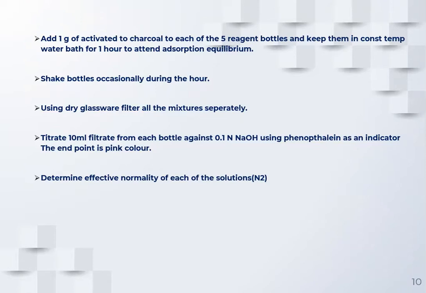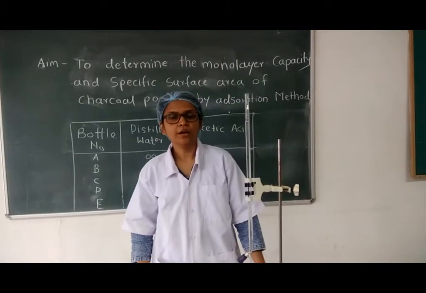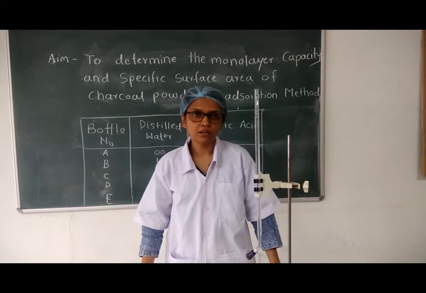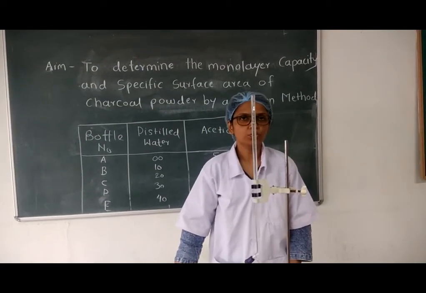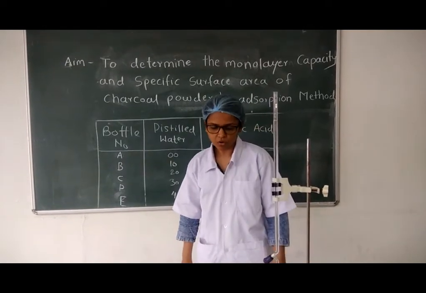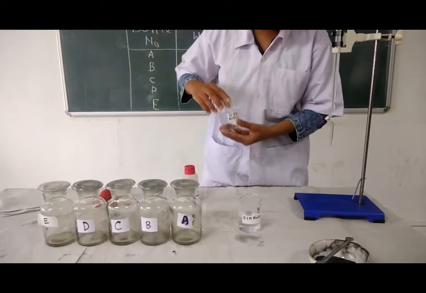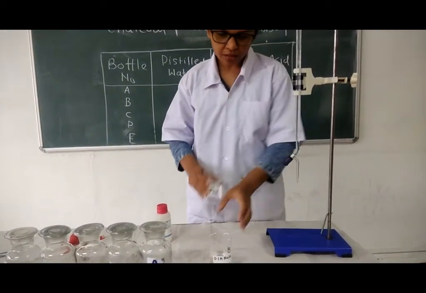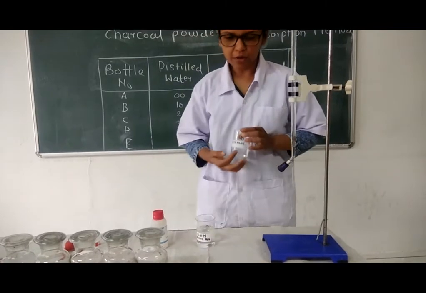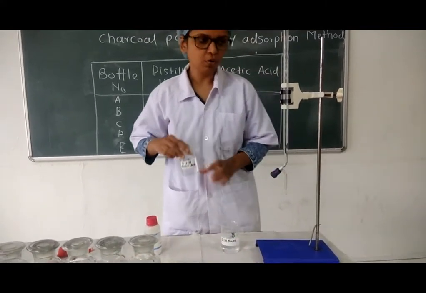Now we'll see the actual demonstration of the practical. Now we'll see how to determine monolayer capacity and surface area of activated charcoal by adsorption method. For this, first of all, I have prepared 0.5 normal acetic acid, and by titrating it against 0.1 normal NaOH, I will confirm whether it is exactly 0.5 or not.